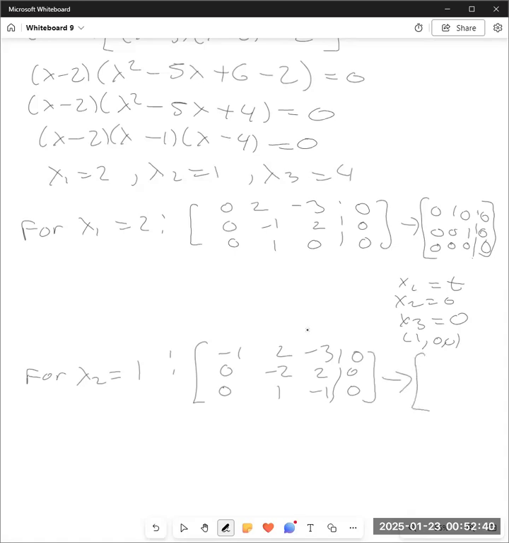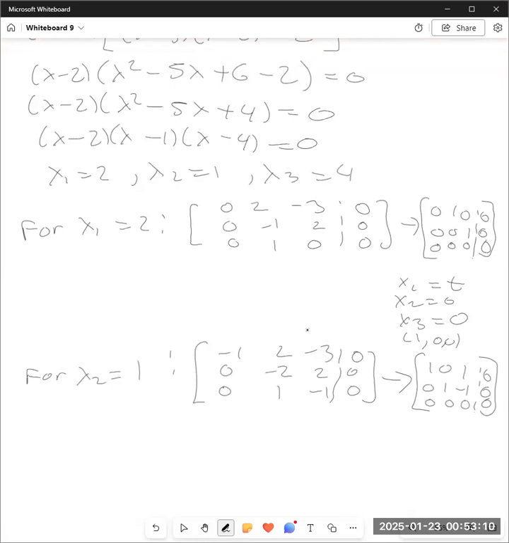RREF that, and I get 1, 0, 1, 0, 1, negative 1, 0, 0, 0.